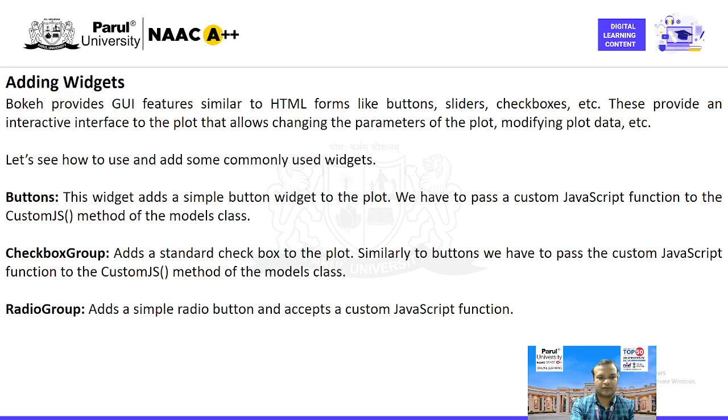And checkbox group adds a standard checkbox to the plot. Similar to the button, we have to pass the custom JavaScript function to the CustomJS method of the models class. Radio group adds a simple radio button and accepts a custom JavaScript function.